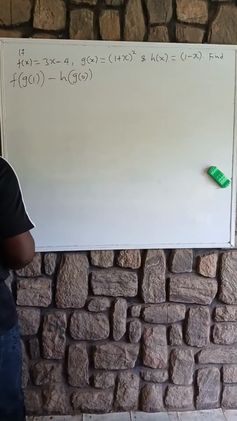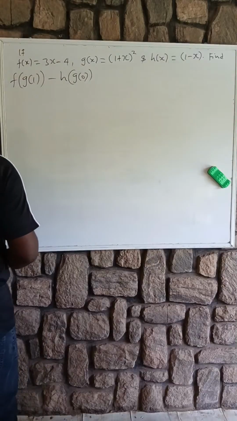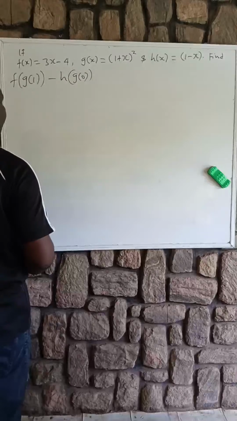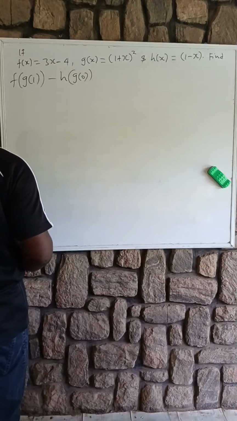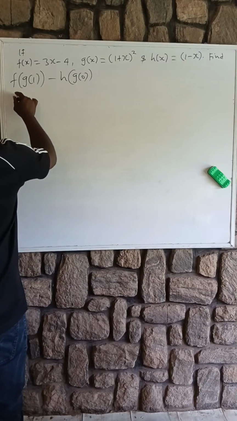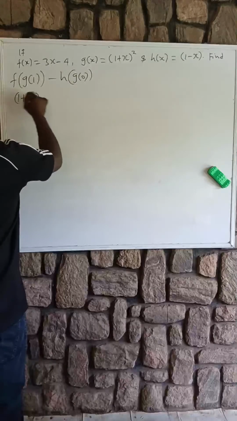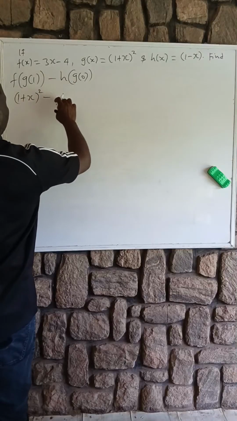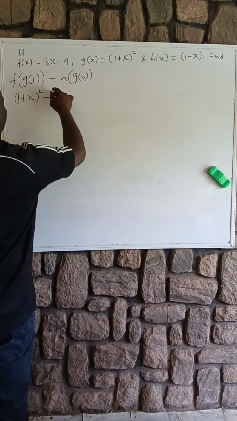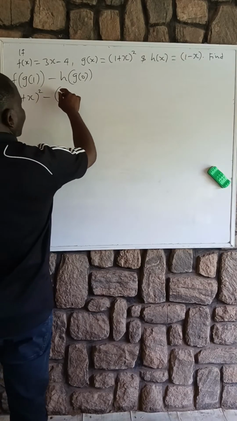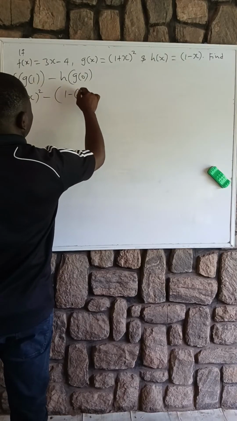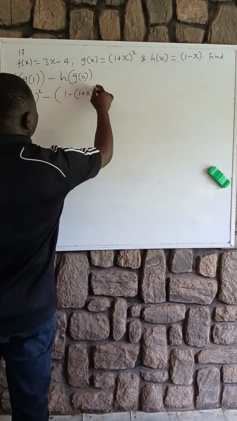So far so good. It means g of 1 is 1 plus x all squared, minus h of open bracket 1 minus open bracket 1 plus x all squared.